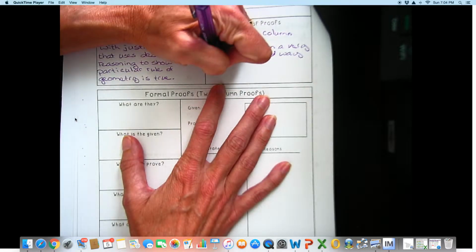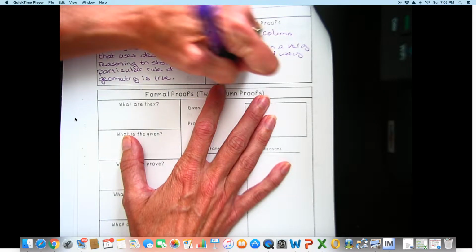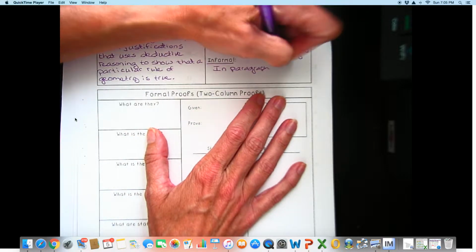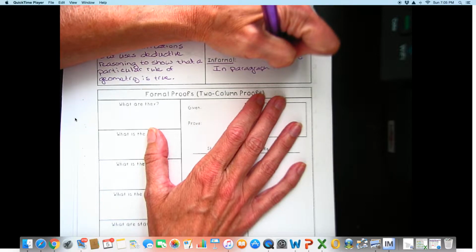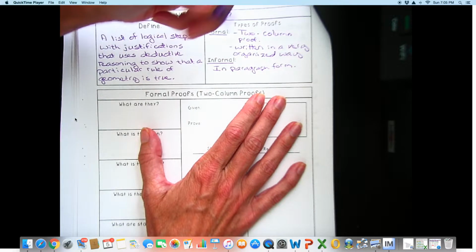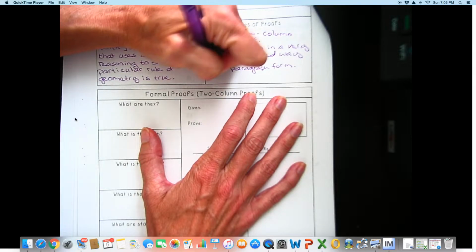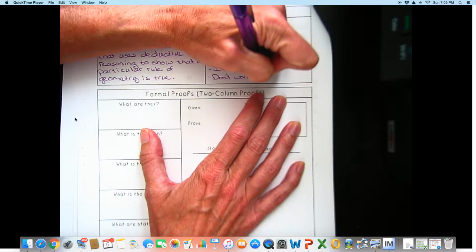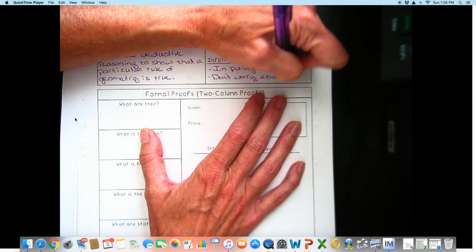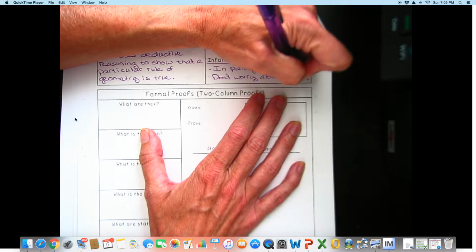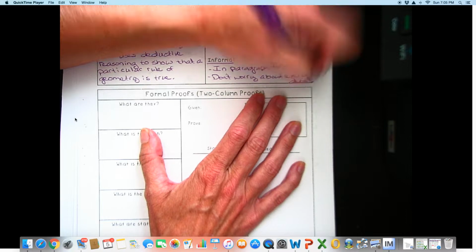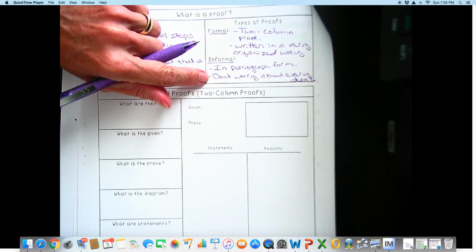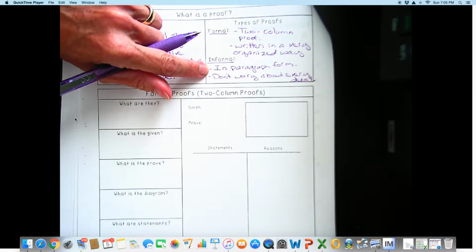So it's written in paragraph form, and we don't worry about every little detail. All right, they're very informal. Makes sense. These are very organized and very detailed, and these are not very detailed. They're just basically in paragraph form.